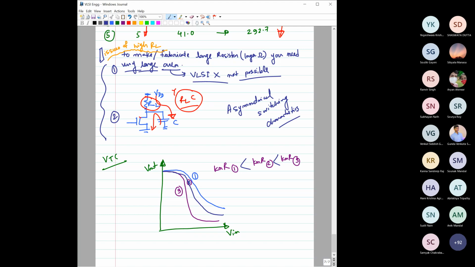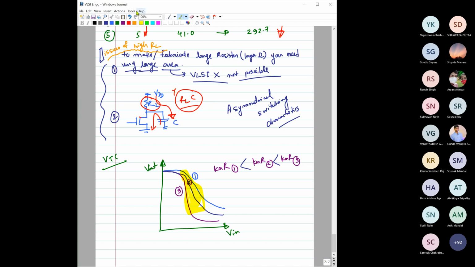You mean the slope in this region? Yes, sir. So for curve 3, VIH and VIL will be low. And VIH and VIL are inversely dependent on KnR.